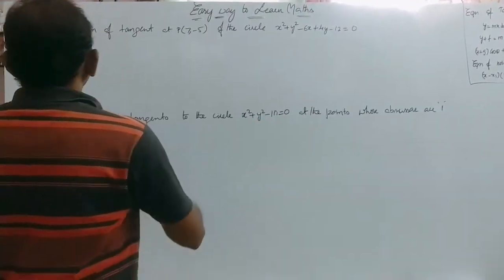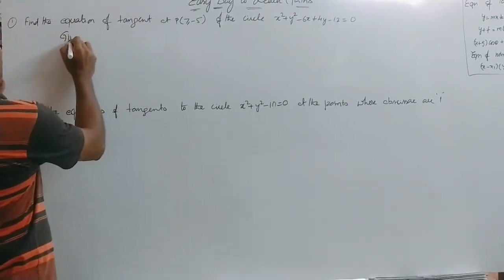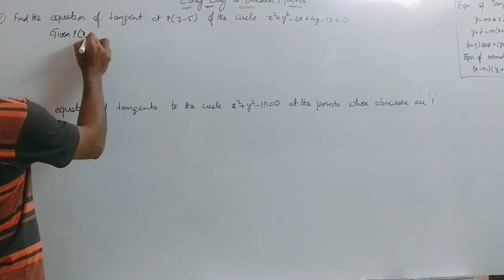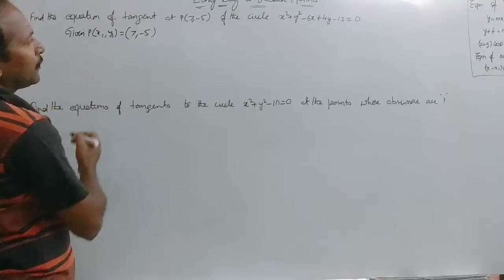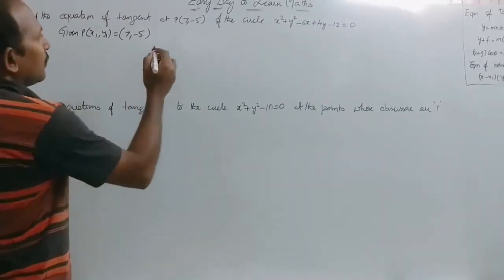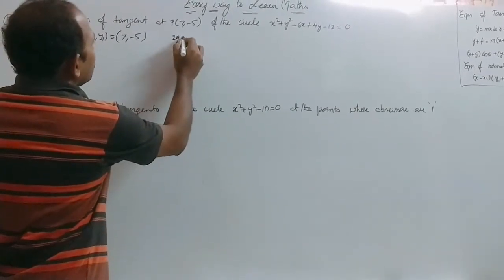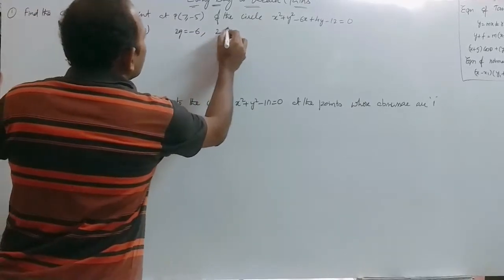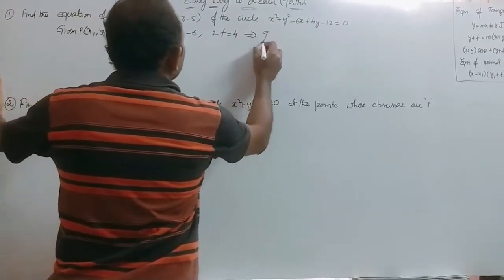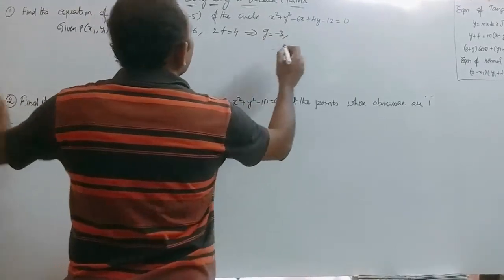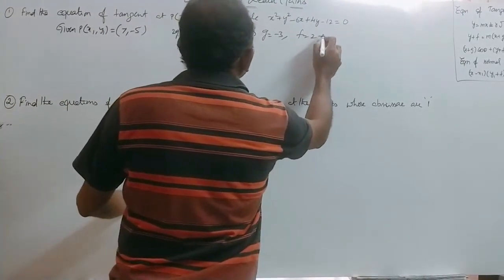Here, P(x1, y1) is given. P(x1, y1) is equal to (7, -5), and 2g is equal to minus 6, 2f is equal to 4. That implies g is equal to minus 3, f is equal to 2.